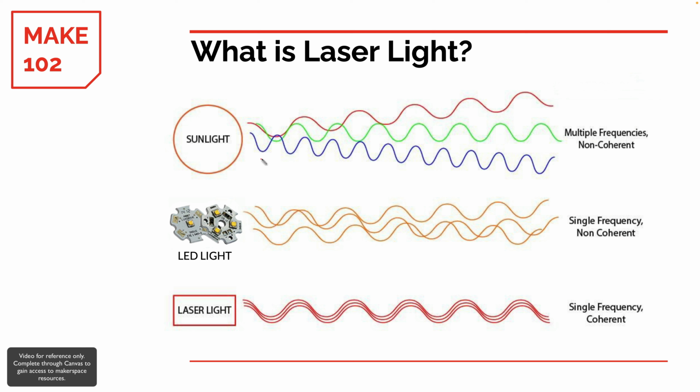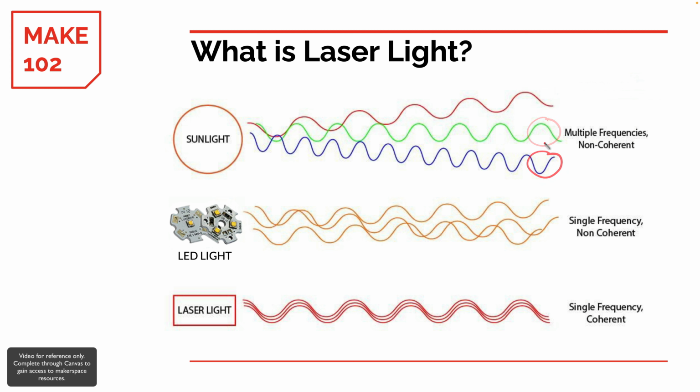So we are all familiar with sunlight, which is the light coming to Earth from the sun. And this light is scattered light that is in multiple frequencies and non-coherent. So what that means is it contains waves of photons at different wavelengths. That's what gives these different waves different colors.